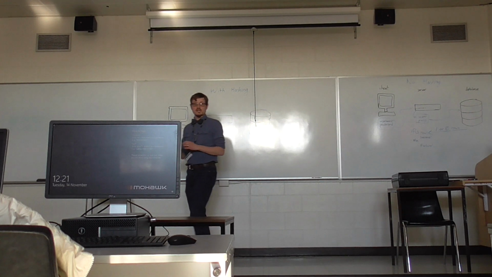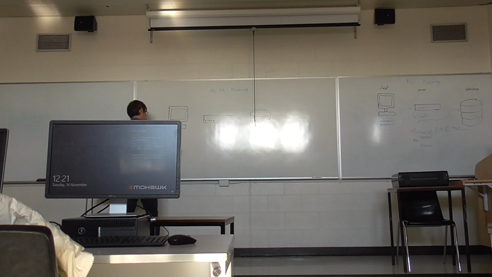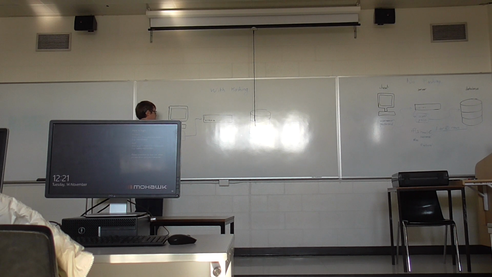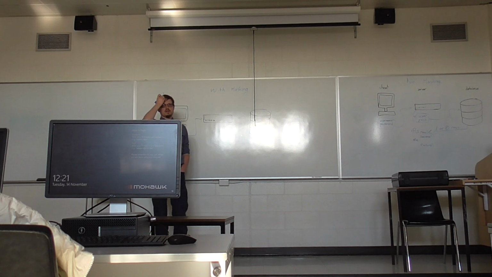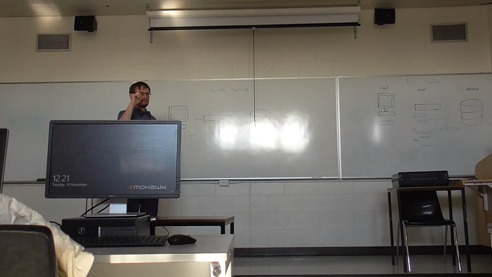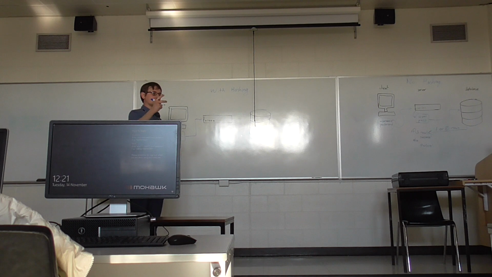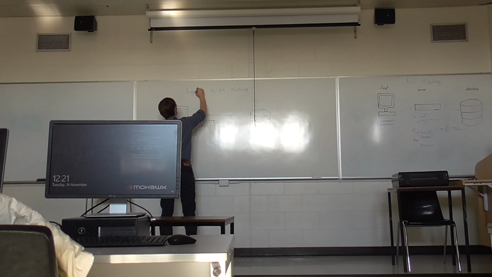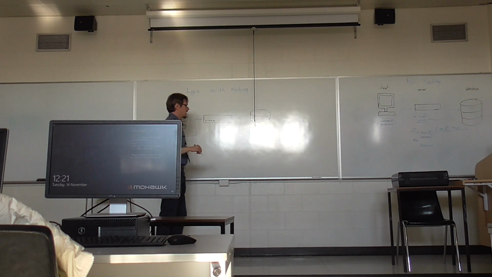The request starts off the same way. A username and password are entered into the client and sent to the server. So that's step one. So, step two. So this is login, not registration, with hashing.